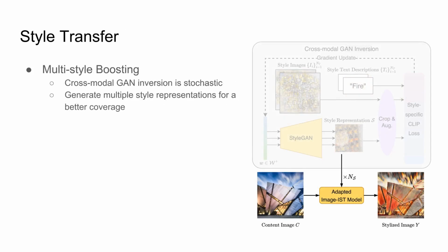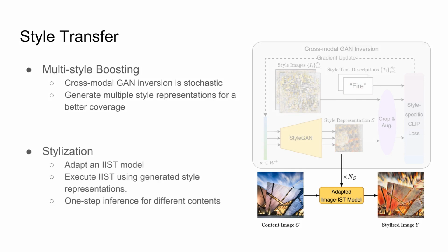In addition, since the cross-modal GAN inversion is stochastic, we also apply multi-style boosting, which generates multiple style representations for a better coverage of styles. In the last step, we adapt an existing IIST model to accept multiple style image inputs, utilizing the generated style representations to stylize the content image.